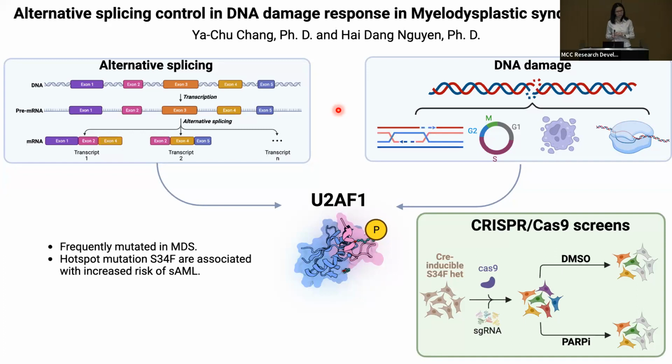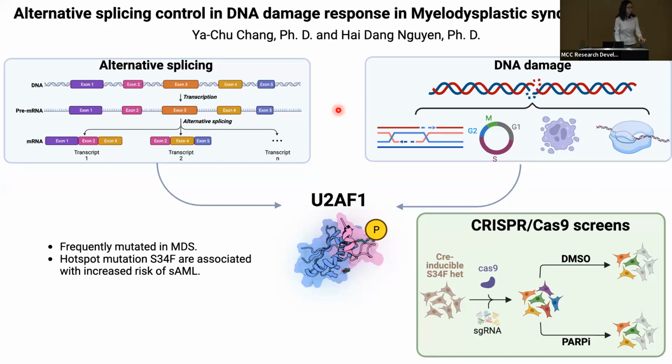So once DNA is damaged, the cell would try to fix it, to live, or to die. All of these reactions need a lot of proteins, and alternative splicing is the way for cells to diversify their protein production. And alternative splicing is tightly regulated by splicing factors.